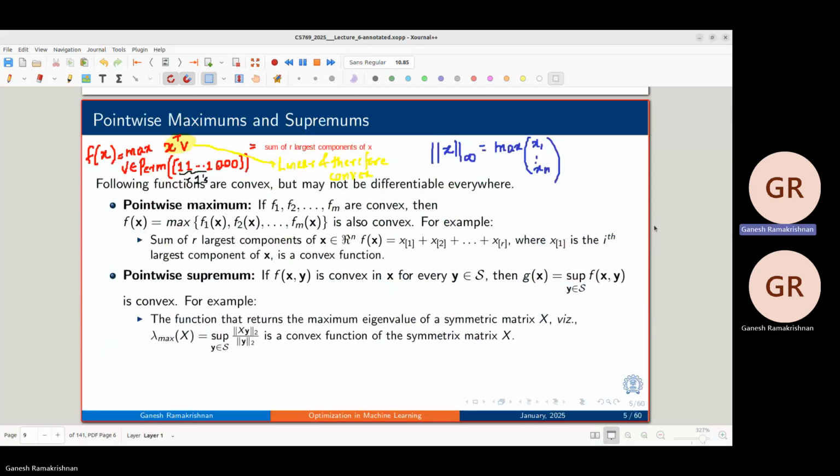This is called pointwise supremum. This should hold for every y in S. This g of x, I've just given a new name.